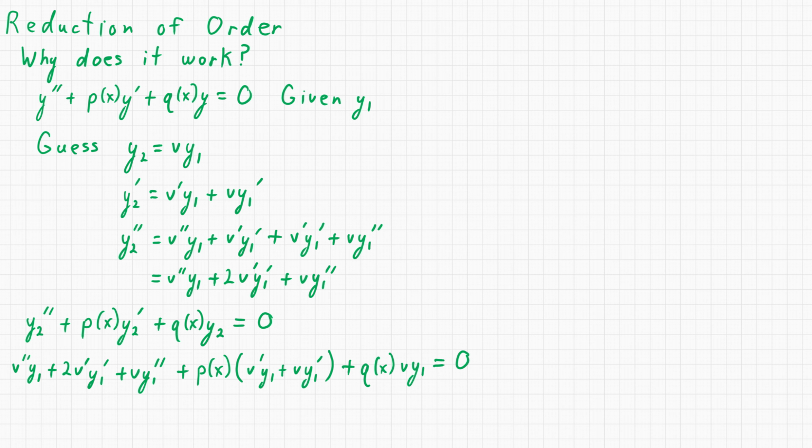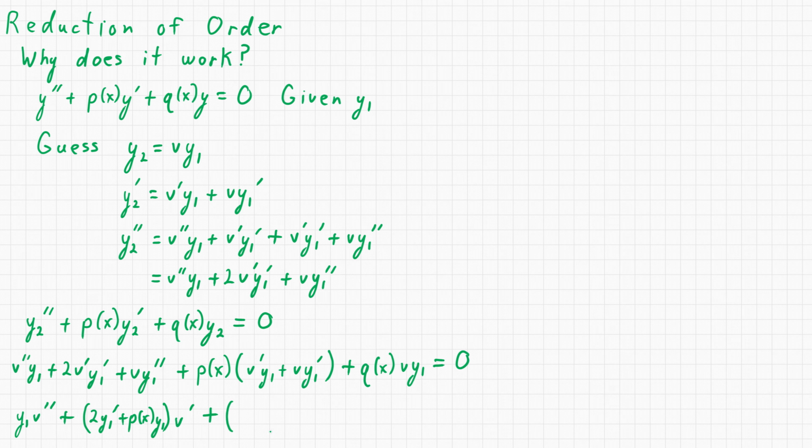All right, next thing to do is we're going to group our terms. So I want all the v double prime terms. There's only one, and I'm going to rearrange the y's in this case. So we have y1 v double prime plus, then I want all of my v prime terms. There's 2 times v prime times y1 prime, so I have 2 y1 prime. And then I also have a p of x times v prime times y1, so plus p of x times y1.